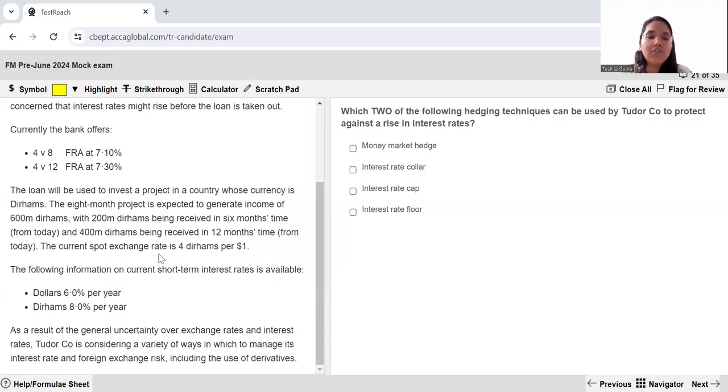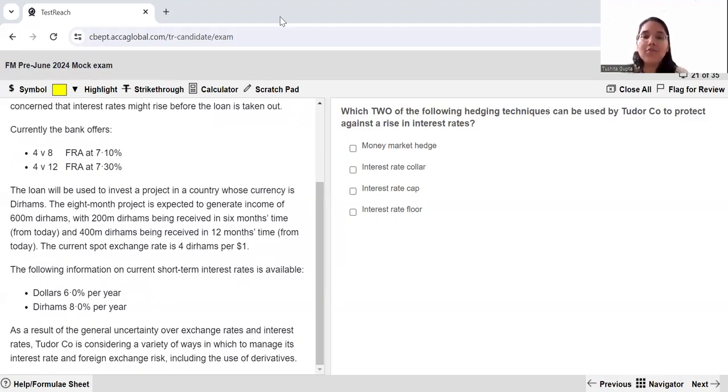The spot exchange rate currently is 4 dirhams per $1. So $1 is going to give you 4 dirhams. The following information on the current short-term interest rate is available. As a result of general uncertainty over exchange rates and interest rates, Tudor Company is considering a variety of ways in which to manage its interest rate and foreign exchange risk, including the use of derivatives.